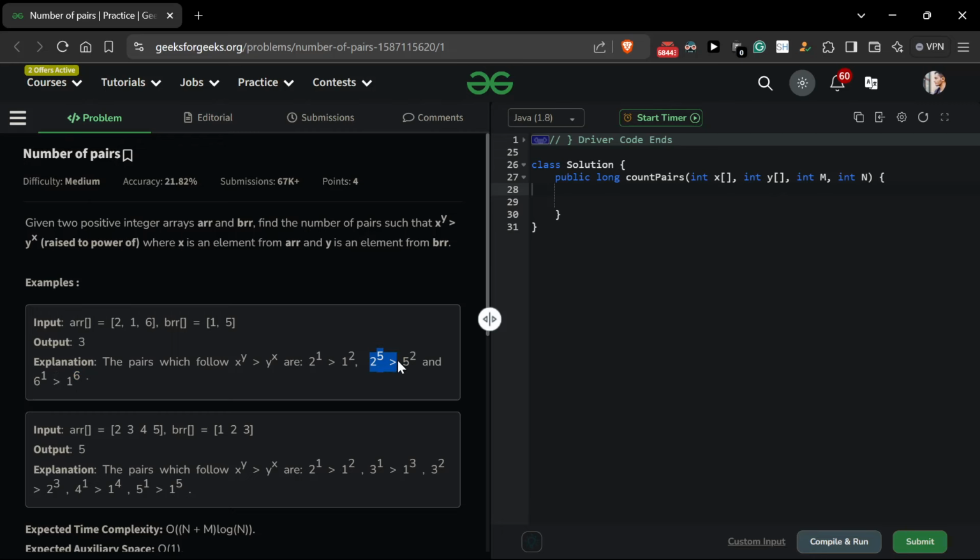If you look at this, what we can see is that if our y value is more than the x value, then our first value is greater than the second value. But this is not always the case.